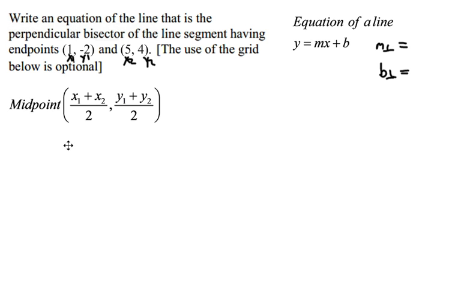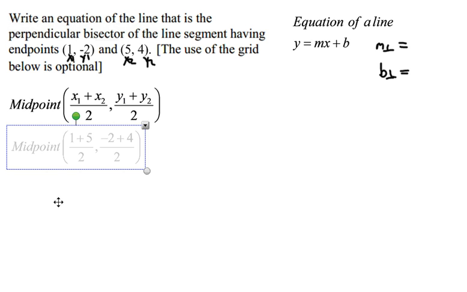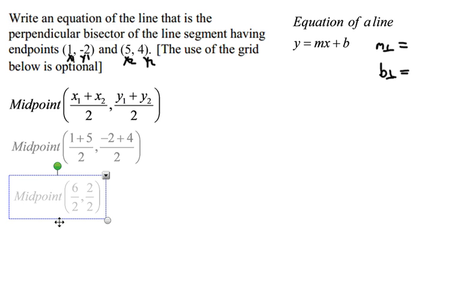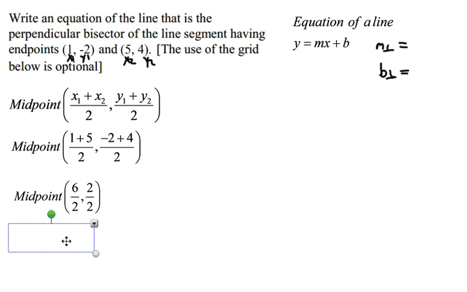So you plug in, and you should get (3, 1) for the midpoint. There it is. Okay, so I got the midpoint. That's going to come in handy later when I need to find b.